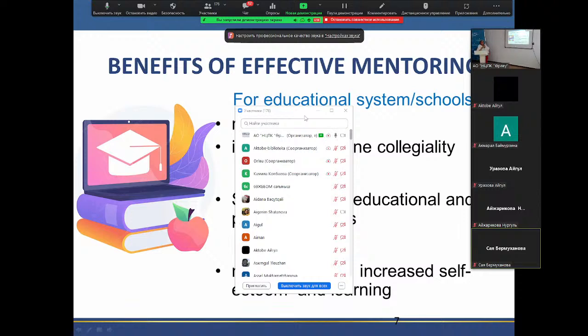And for mentors: new challenges, increased self-esteem and learning. It really helps us teachers with a big number of years of experience not to stop at some period of our experience and to continue lifelong learning.